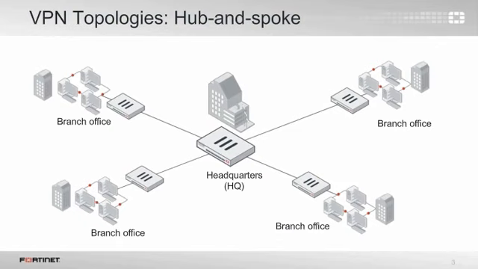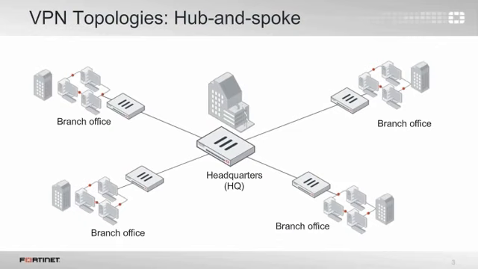Another disadvantage is lack of redundancy. For example, if the FortiGate at HQ fails, the VPN fails company-wide. Also, the FortiGate at HQ must be more powerful, as it handles 4 tunnels simultaneously, or 8 SAs.